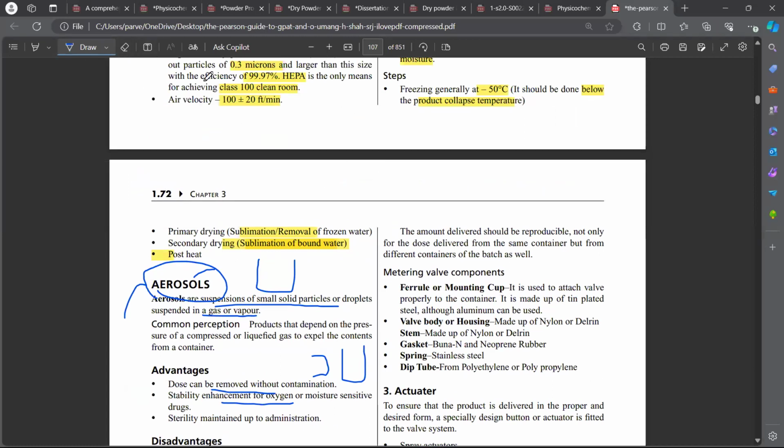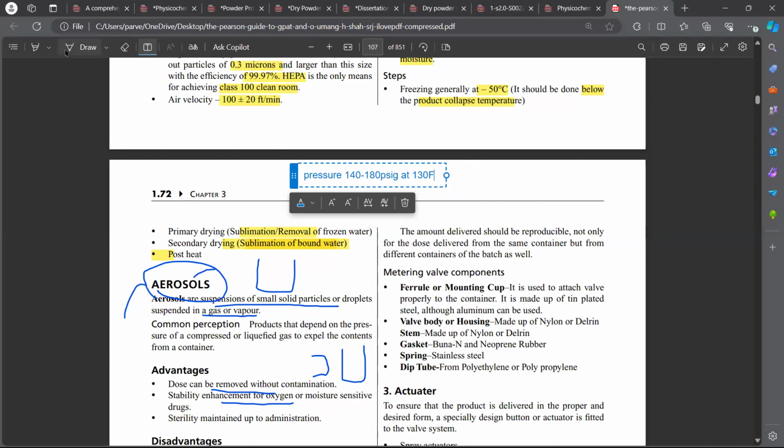Generally, the pressure inside the aerosols ranges from 140 to 180 psig at 130 degrees Fahrenheit. So this is the normal pressure of the aerosol.